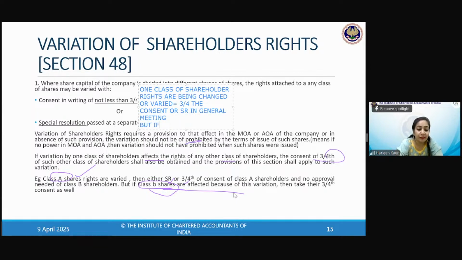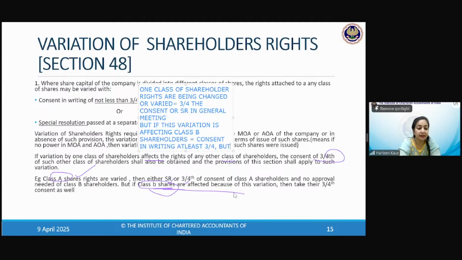But if this variation is affecting class B shareholders, then, my dear students, what do we need? Then class B shareholders also need to send their consent in writing, at least 3/4 of the shareholders.